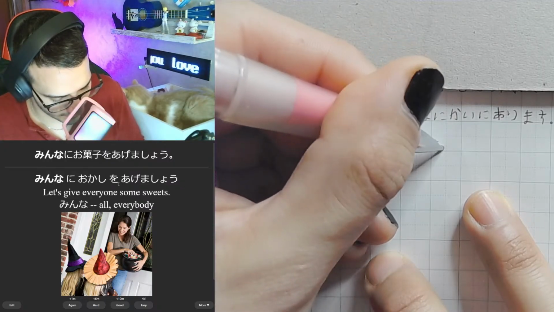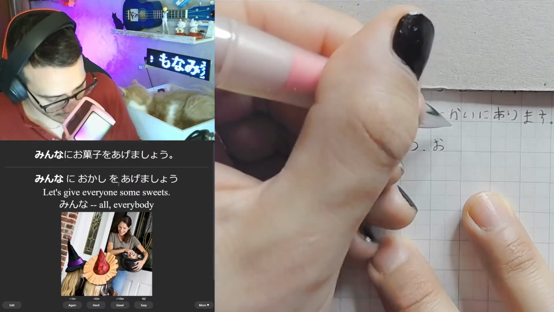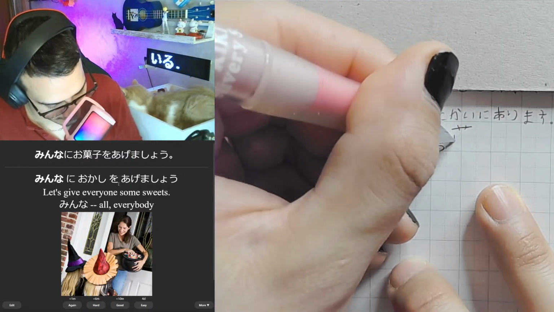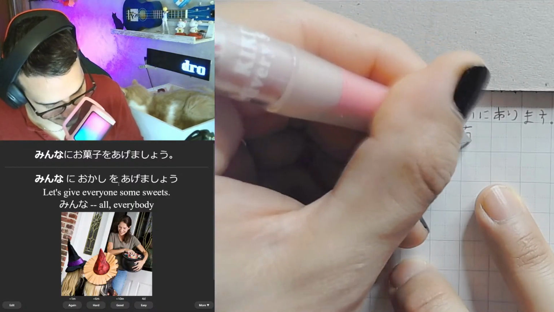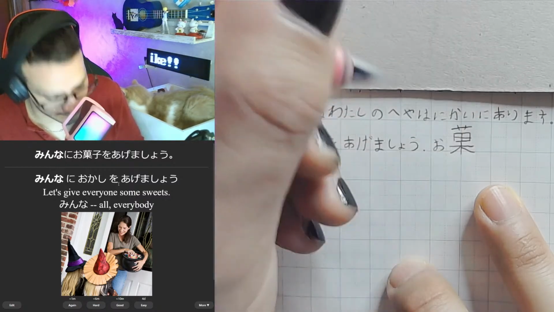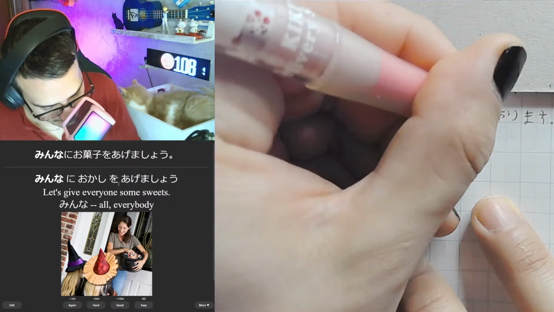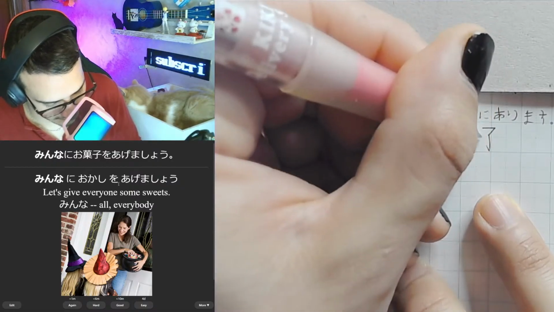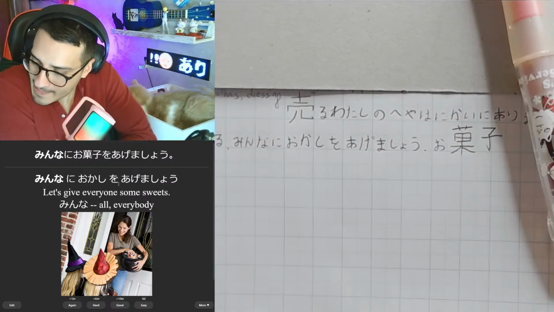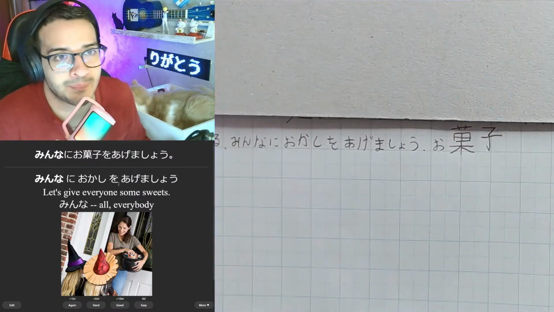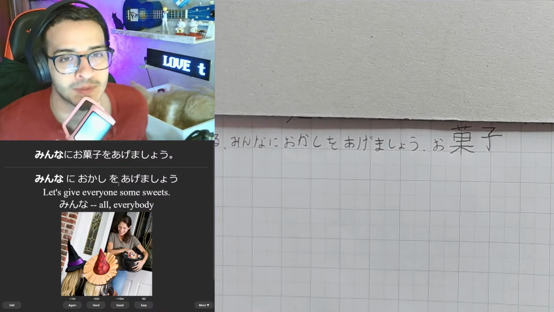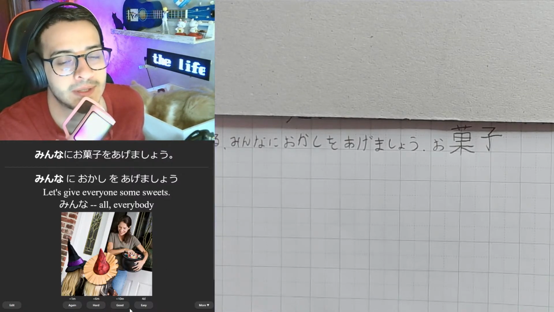So o, and then we have the grass, the rice field, and the tree. And okashi are often for kids, right? Also for big kids. みんなにお菓子をあげましょう。Let's give everyone some sweets.